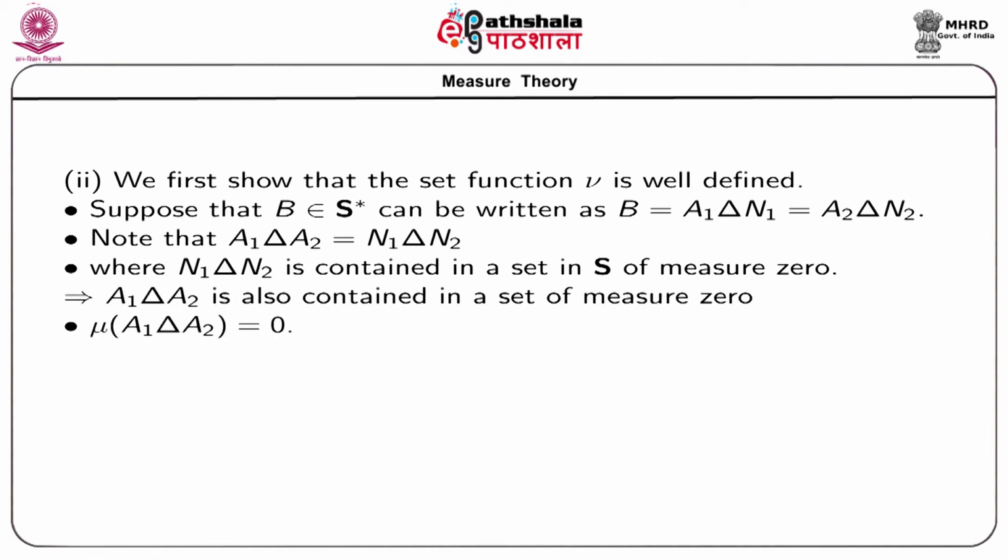Then A1 delta A2 is also contained in a set of measure 0, and we have mu of A1 delta A2 equal to 0.